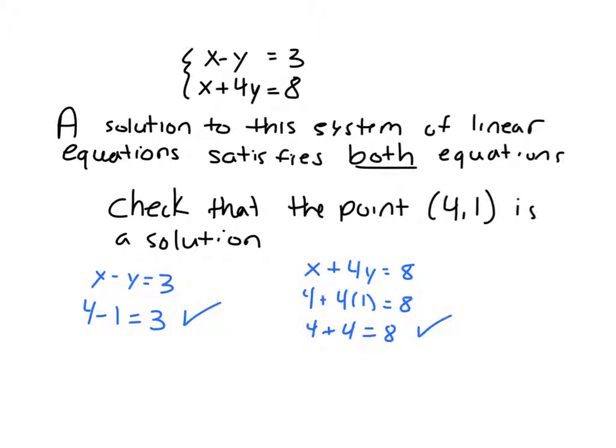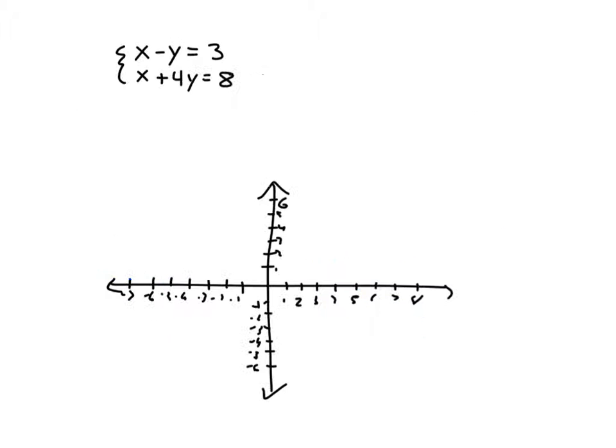Let's go ahead. What does it mean that it's a solution graphically? Algebraically, we can see that it satisfies both of these equations. What does it mean graphically? To answer that question, let's graph these two lines. I'm going to put this top equation into slope-intercept form.